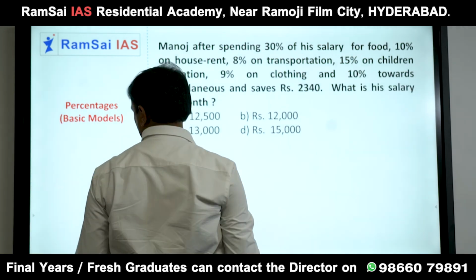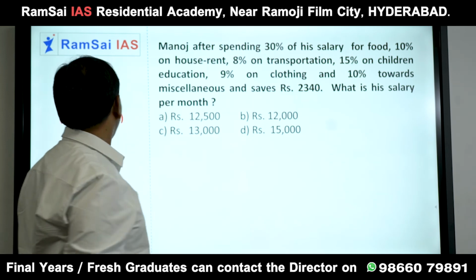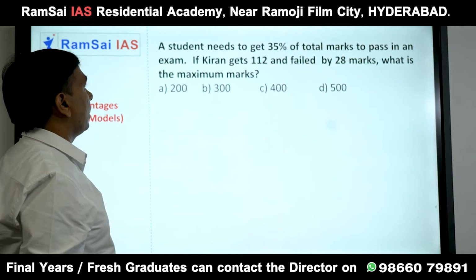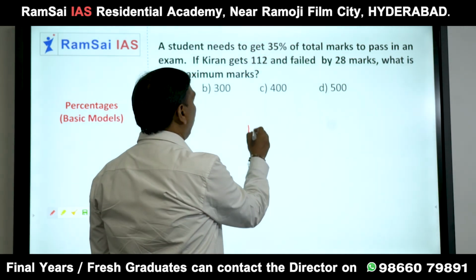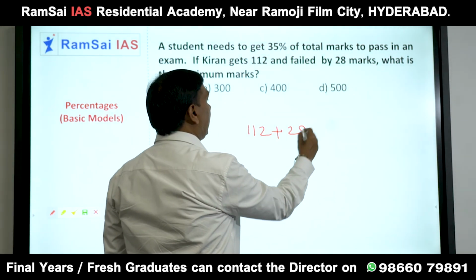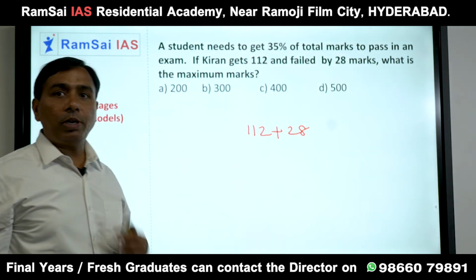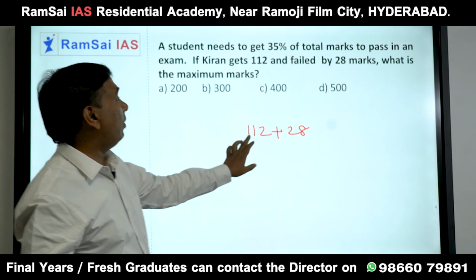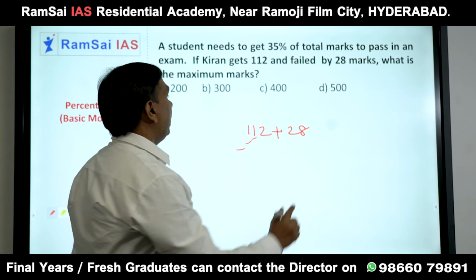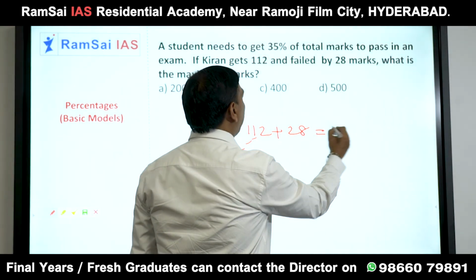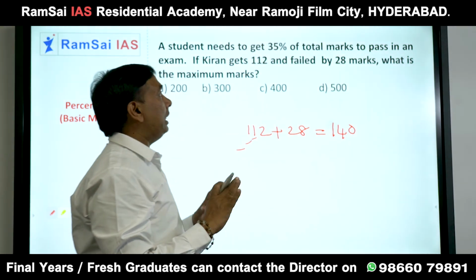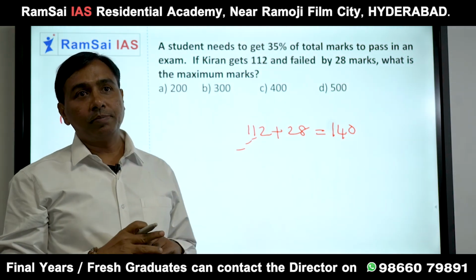Suppose if 112 is added to 28, it gives you the pass mark, that means 140. So 140 is the pass mark for anybody.